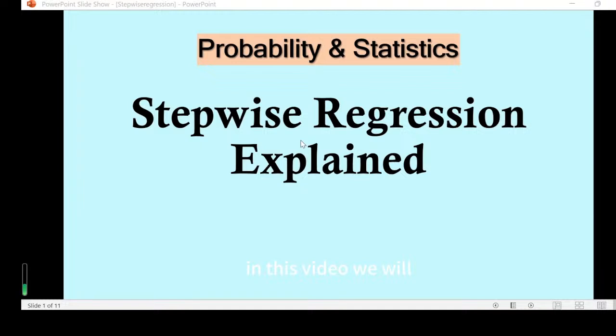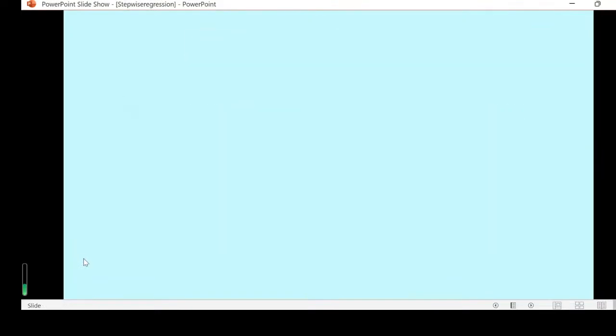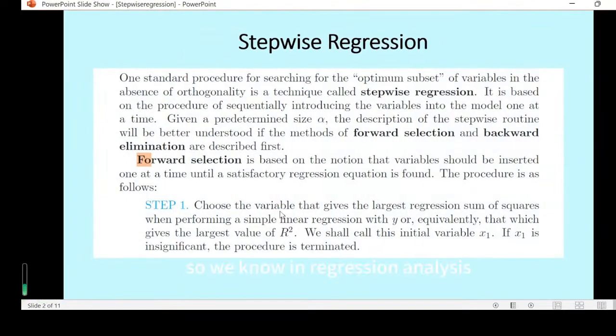In this video, we will explain stepwise regression. So we know in regression analysis, we build a model and want to decide which variables will be present in the model.